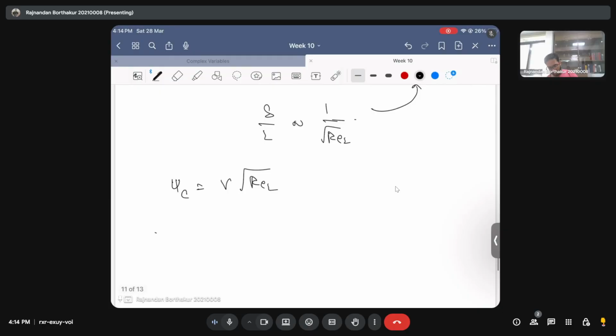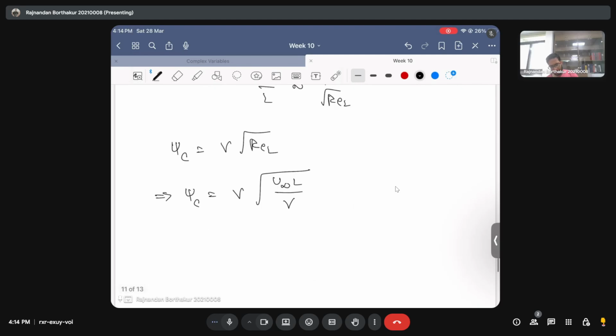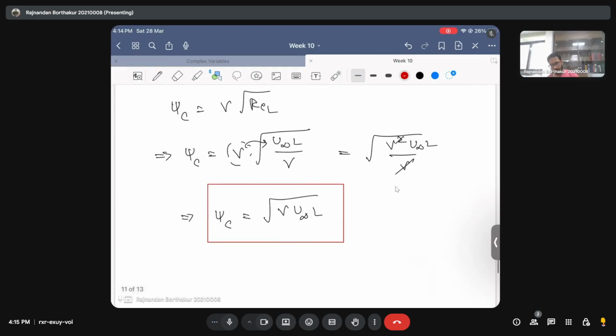Then you can write Re_L as u infinity L by nu, and take this L inside the square root. So this becomes nu by nu squared u infinity L, which means your psi c is of the order of square root of nu u infinity L. That's your characteristic stream function.